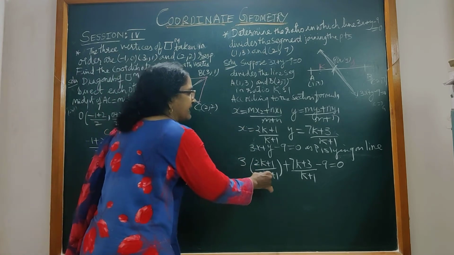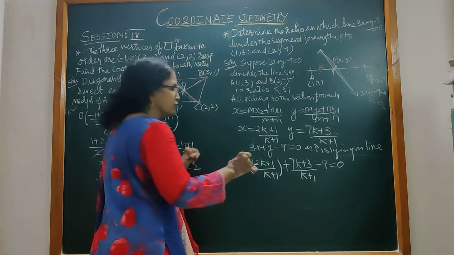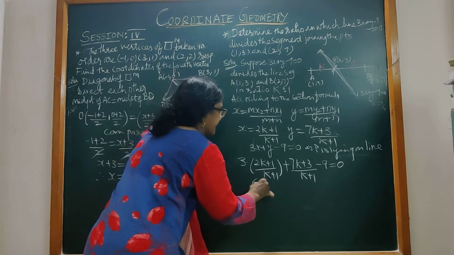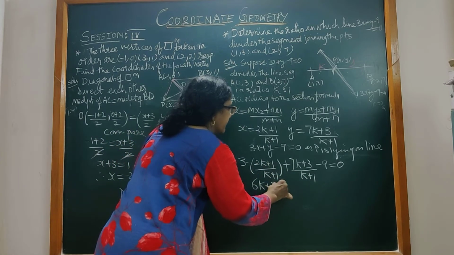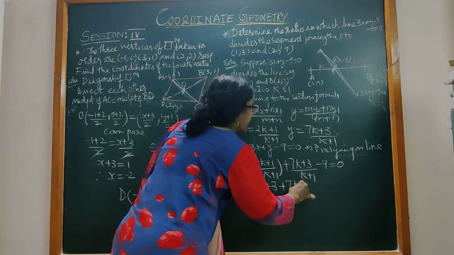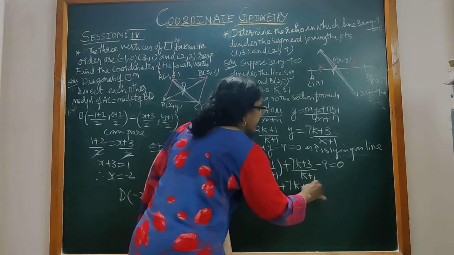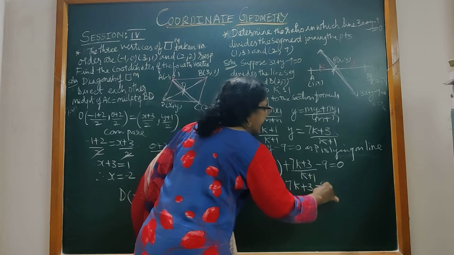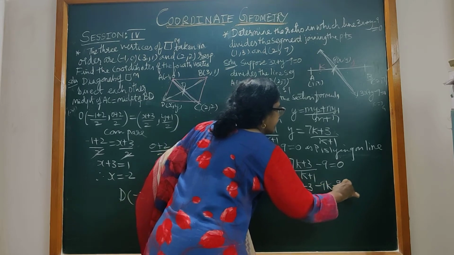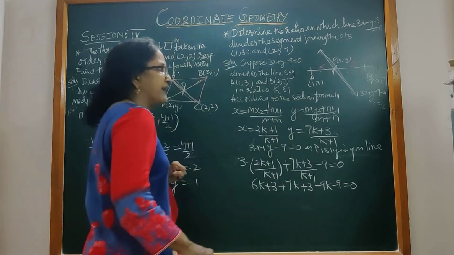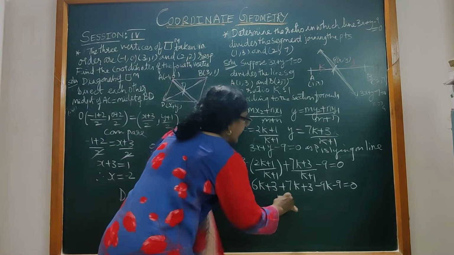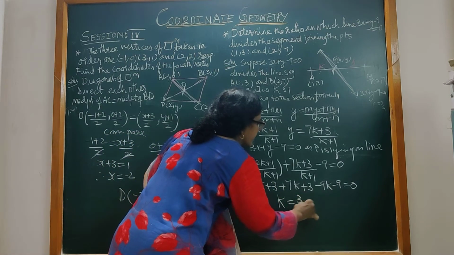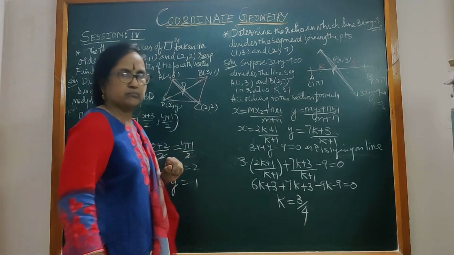Now we will simplify. K plus 1 is the LCM. So 3 2s are 6k plus 3 plus 7k plus 3 minus 9k minus 9 is equal to 0. And when you simplify this, you will get k is equal to 3 upon 4.